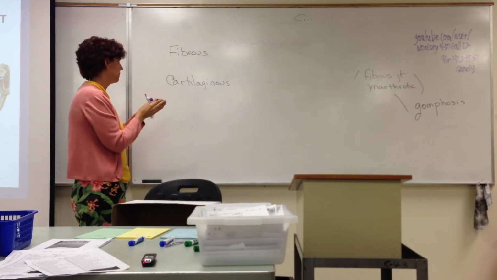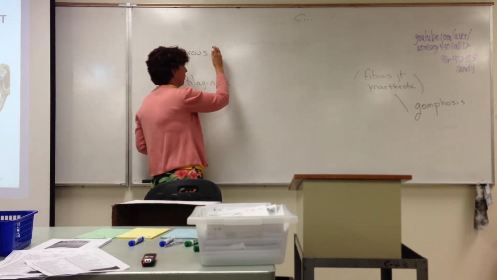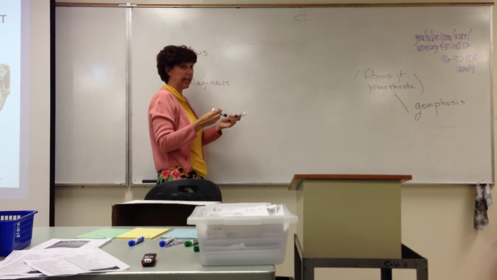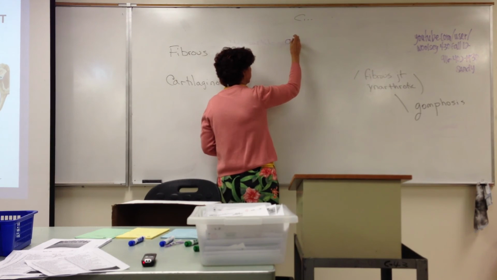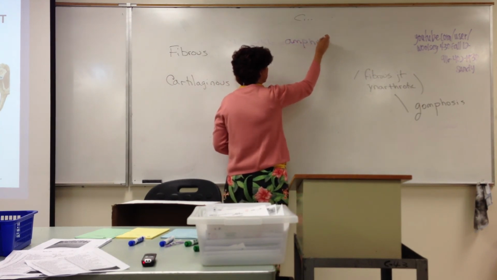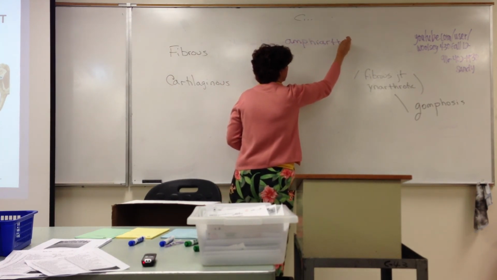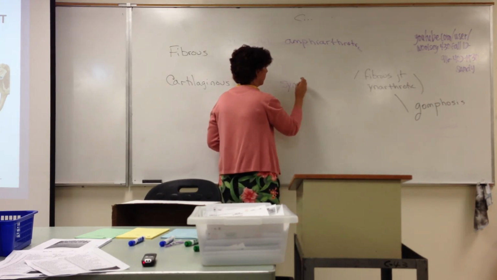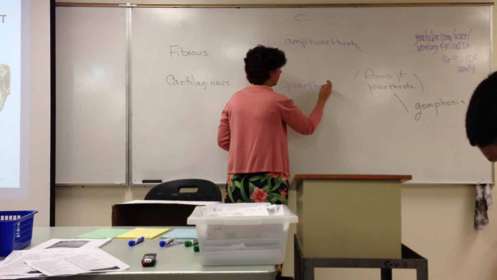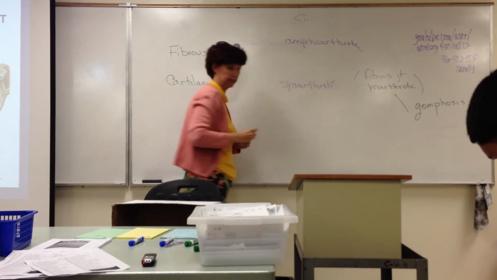It's held together. Fibrous joints can be either slightly movable or immovable. So slightly movable is amphiarthrotic, and immovable is synarthrotic.